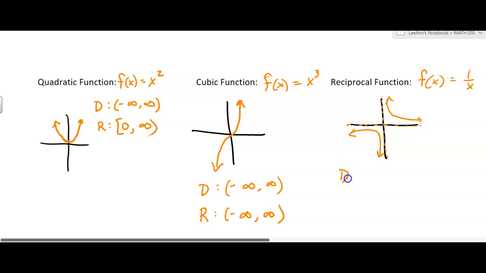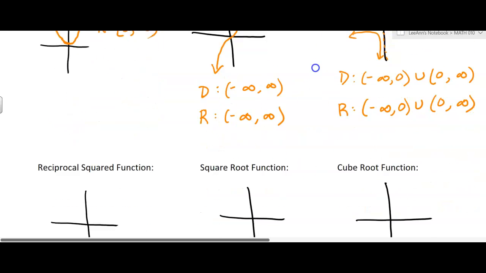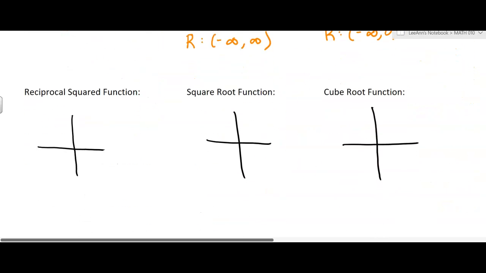The domain then, well, it's not all real numbers because you can't include 0. So it's going to be from negative infinity to 0, but don't include the 0, and from 0 to infinity. And the range actually is going to do the same thing because we can't include the x-axis. Okay, so that's domain and range for the reciprocal function. That was a little bit different.